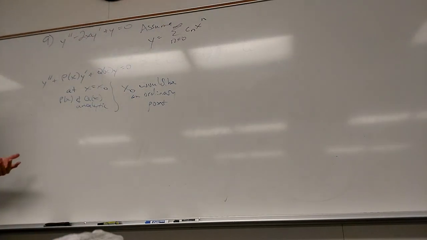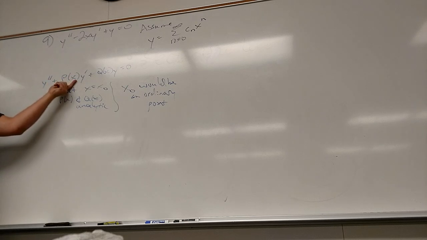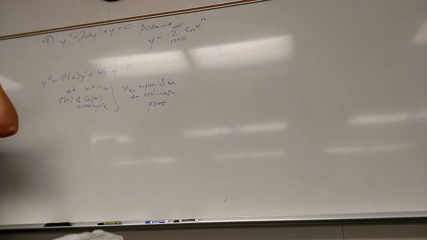Why can't I identify P of x and Q of x yet for that second to last DE? It's not in the right form. You got to divide by x squared minus 4. What would P of x be for that one? x over x squared minus 4, and Q of x would be negative 1 over x squared minus 4. And those are both not analytic where? Plus or minus 2, so those would be singular points.